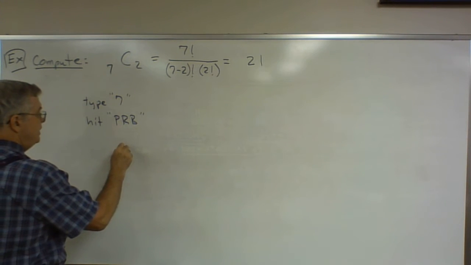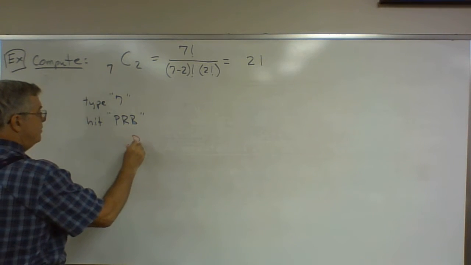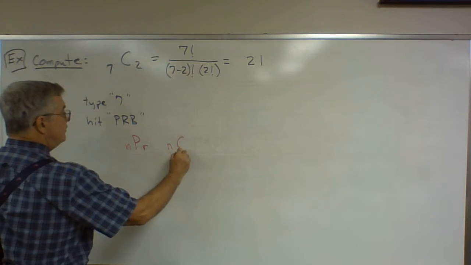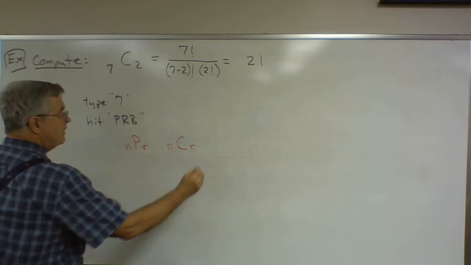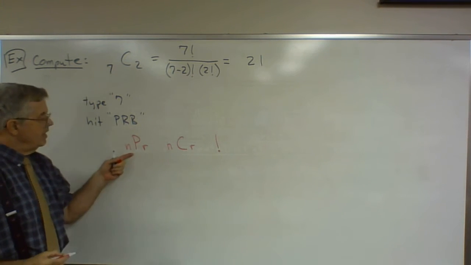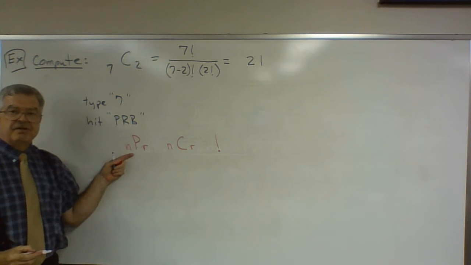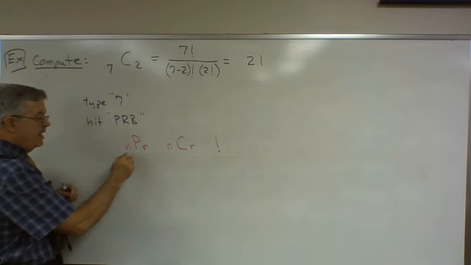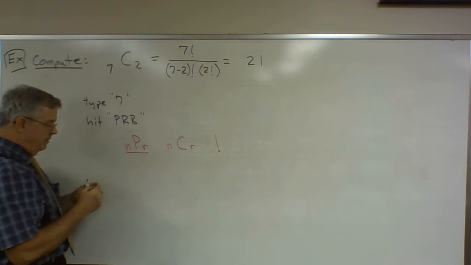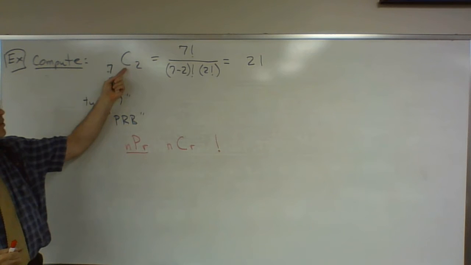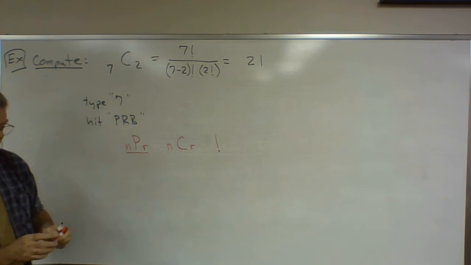We're going to see NPR, NCR, and we're going to see factorial. And when we first hit the PRB button, NPR is going to be underlined. Well, we don't want NPR, we want NCR.